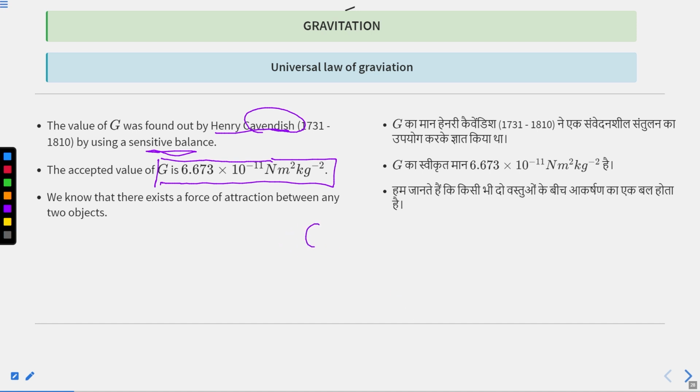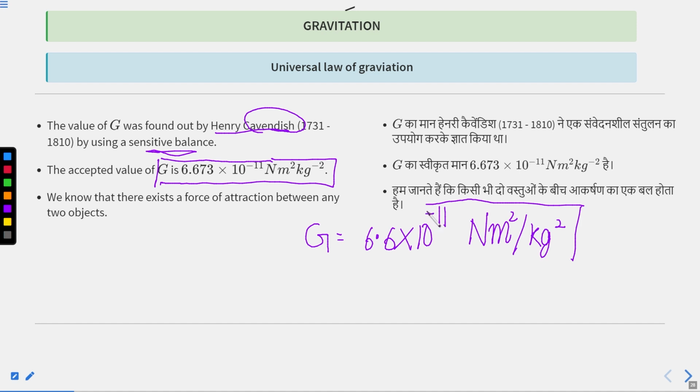Because capital G is a universal constant, its value never changes.